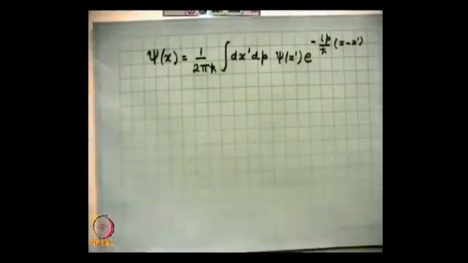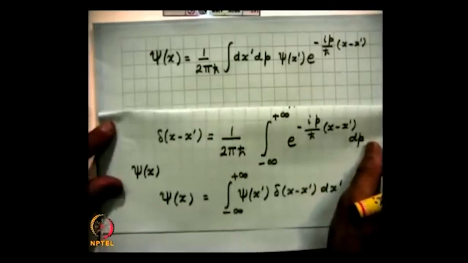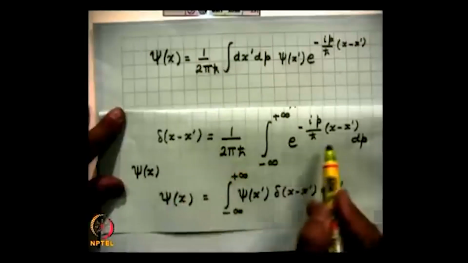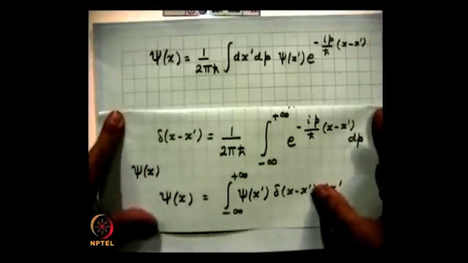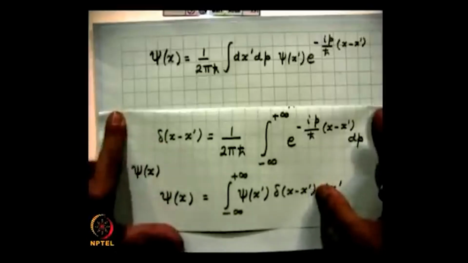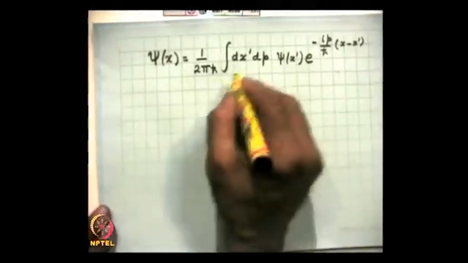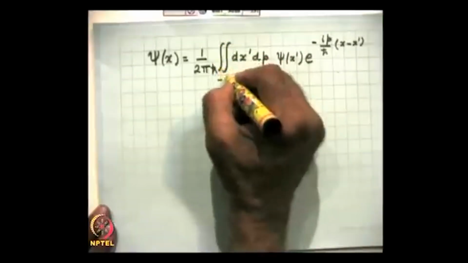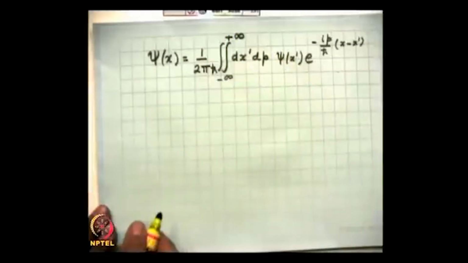If you recollect, we had these two equations: delta of x minus x prime was equal to this and psi of x was equal to this. So, we have substituted for delta of x minus x prime from the top equation into the bottom equation. Both limits are from minus infinity to plus infinity.